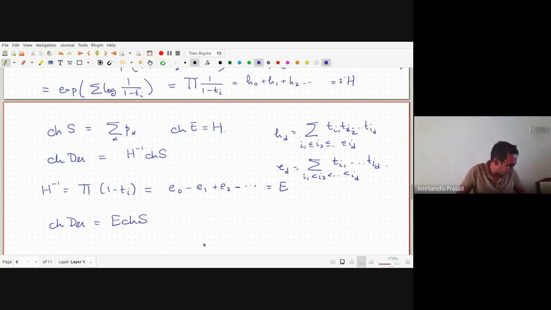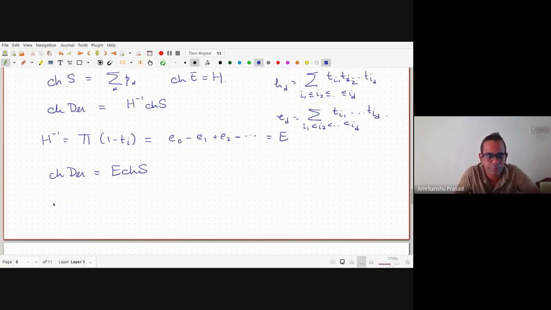So recall the power sum symmetric function P alpha. If alpha is the partition with A1 ones, A2 twos, and so on, then this is P1 raised to the power A1, P2 to the power A2, and so on.